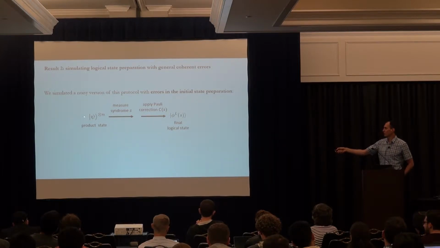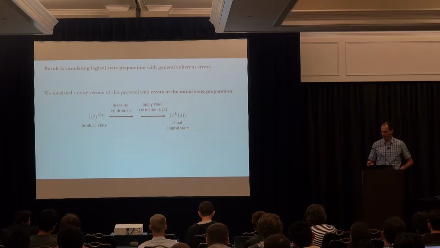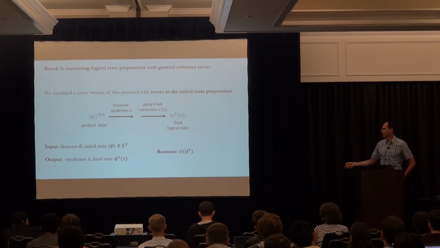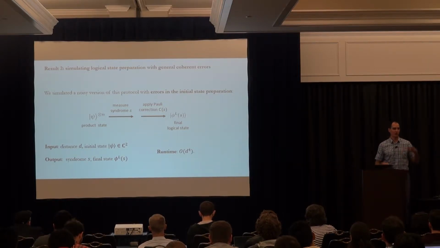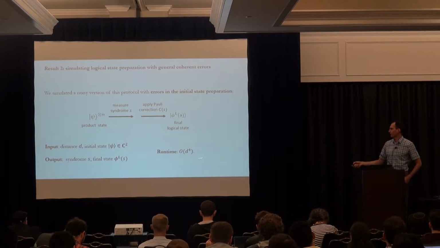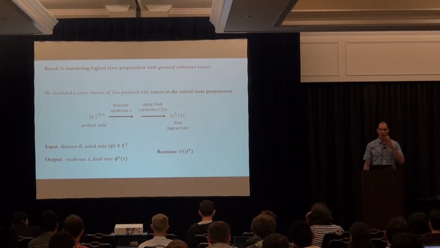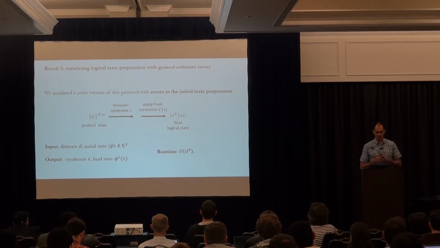So instead of initializing each qubit in plus, we initialize each qubit in some state psi, which can be completely arbitrary. Again, given the code distance and this initial state psi, we would like to sample the syndrome from the corresponding probability distribution and compute the final logical state. In this case, the runtime of our algorithm is d to the fourth, so it's slightly better than for error correction.